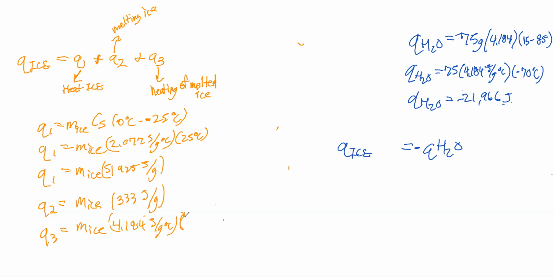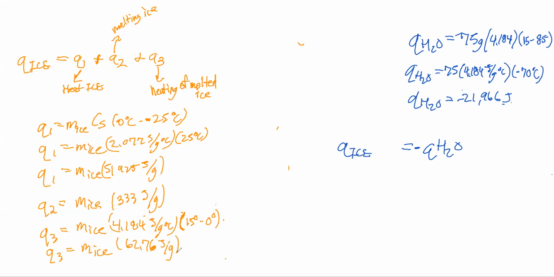And then we're doing that temperature change. So it's going from 0 degrees Celsius to 15. And so we can see that our Q3 is the mass of the ice times 4.184 times 15. So we get 62.76 joules per gram.